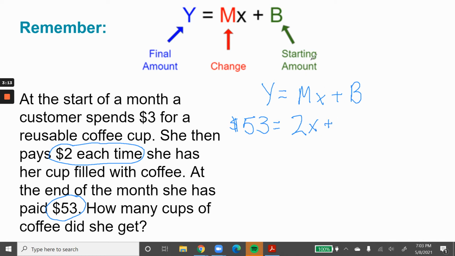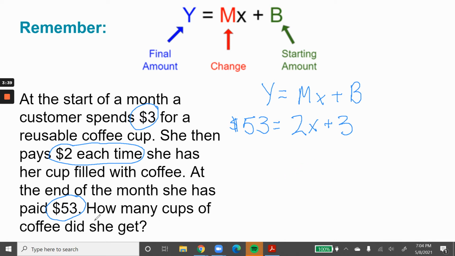And then the b, the starting amount. How much did she have to pay just to start getting coffee? Well, in this case, she had to buy her cup that cost $3. So she had to pay $3 no matter what. So we would have our equation 53 equals 2x plus 3.